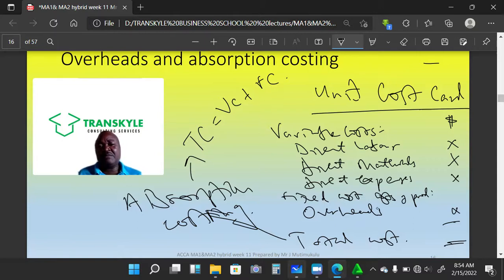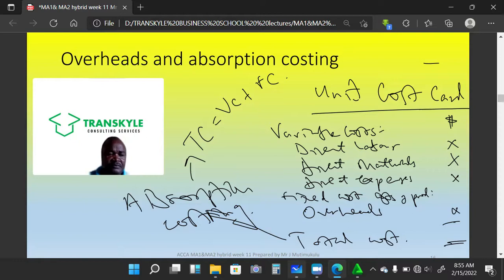So what is absorption costing in general? It is a costing method where we are sharing overheads, production overheads of a product. The process of sharing these overheads among various products or services in a company or in a factory.